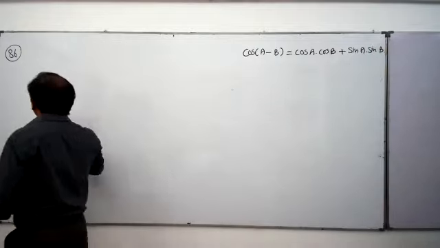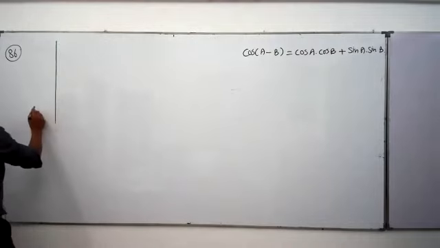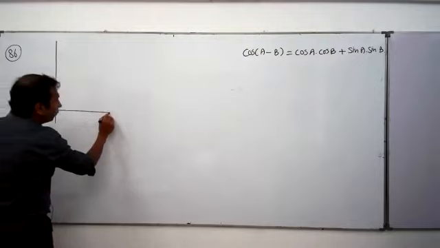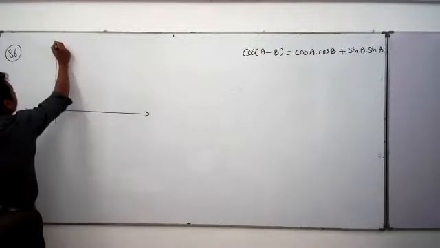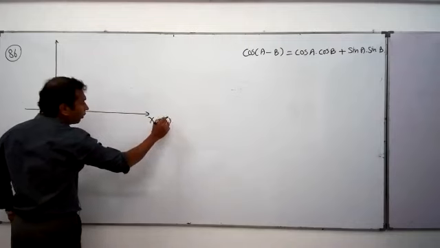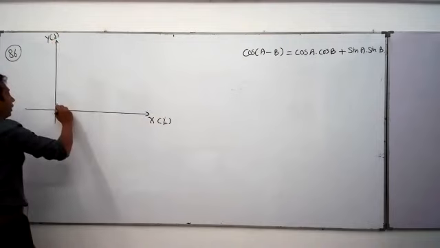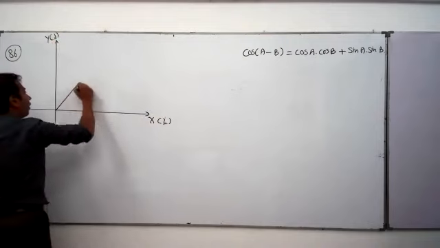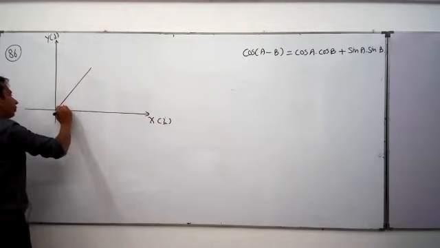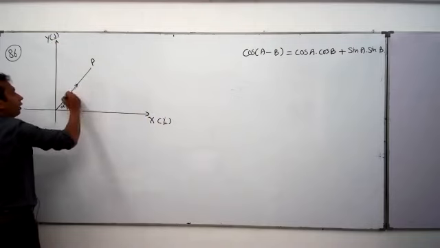Now to prove this in terms of alpha and beta, that means for A and B we have the angles alpha and beta respectively, right? I take the x-axis with unit vector i, and the y-axis with unit vector j, people. Then I take an angle alpha this way, with OP a unit vector along this direction.